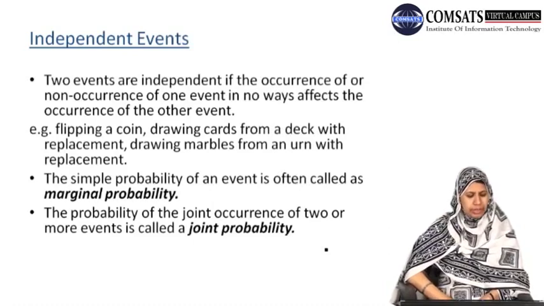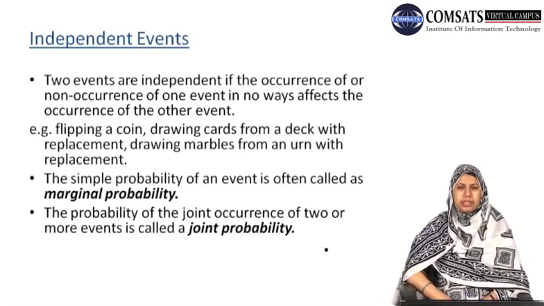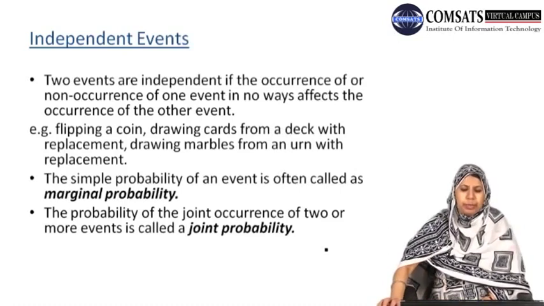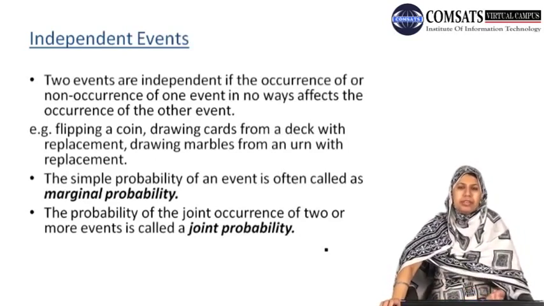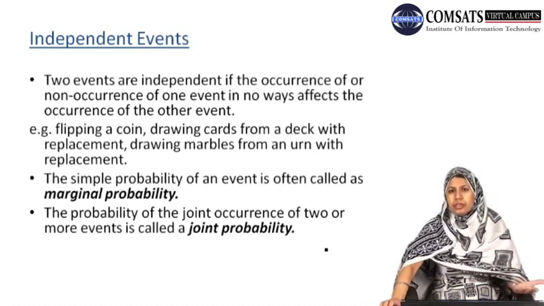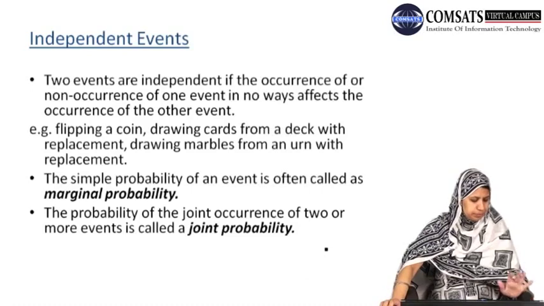Now we look at some examples which make clear how we are provided independent events and how we can find their probabilities. By independent events we mean that if one event occurs or does not occur, it will not affect the occurrence of the second event.